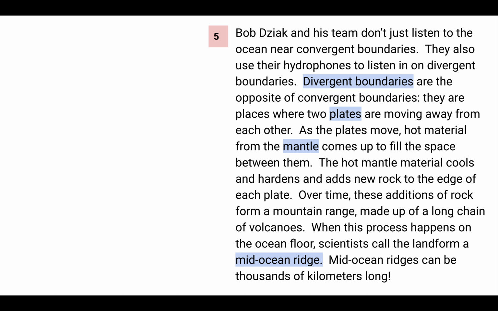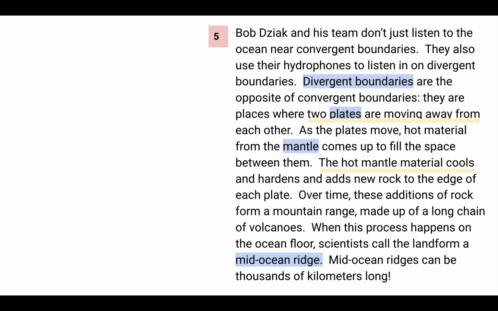So as you read through, it says Bob Dziak and his team don't just listen to the ocean near convergent plate boundaries. They also use their hydrophones to listen in on divergent boundaries. Divergent boundaries are the opposite of convergent boundaries. They're places where two plates are moving away from each other. As the plates move, hot material from the mantle comes up to fill the space between them.